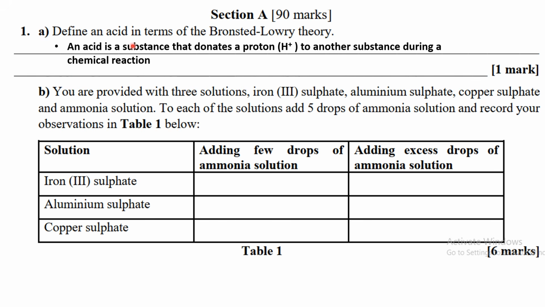I should take advantage of this to say that the examiner in the future will ask you to define a base in terms of the Bronsted-Lowry theory. The definition of a base in terms of Bronsted-Lowry theory is that a base is a substance that accepts. The opposite of donate is to accept. It accepts a proton, which is hydrogen ion, during a chemical reaction. I thought I should say that.